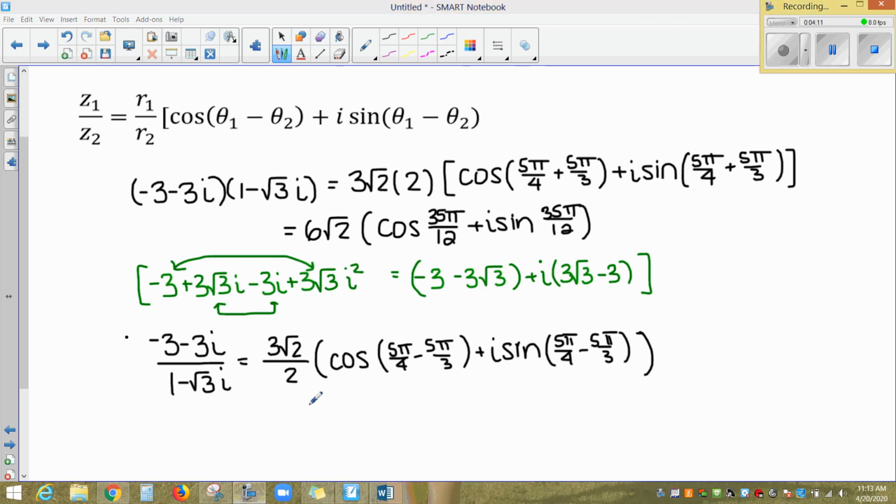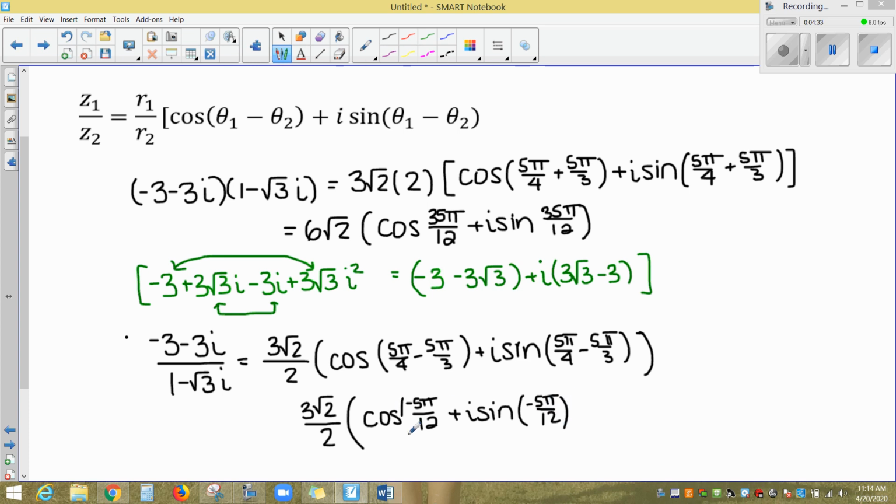So subtracting now, 3 square root of 2 over 2 doesn't simplify. But we have 15 pi over 12 minus 20 pi over 12. So we would have cosine of -5 pi over 12 plus i sine -5 pi over 12.